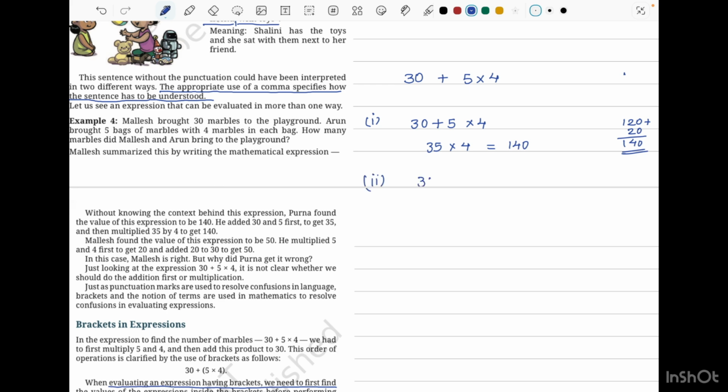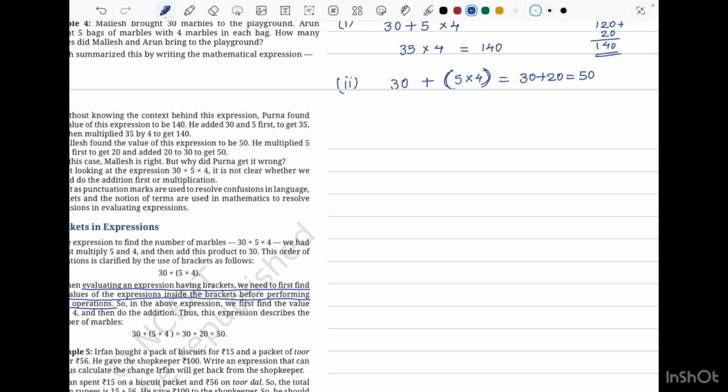The actual number of marbles is 30 plus 5 into 4, that is 20. 30 plus 20 is 50. So when we put brackets, the value is correct.